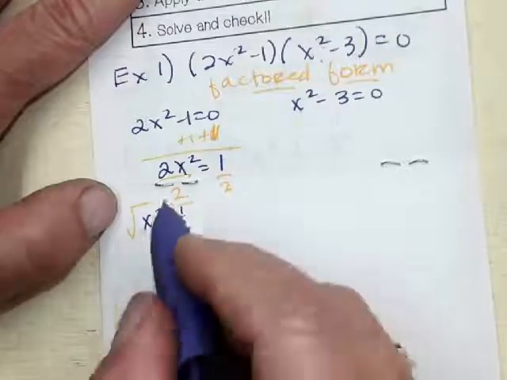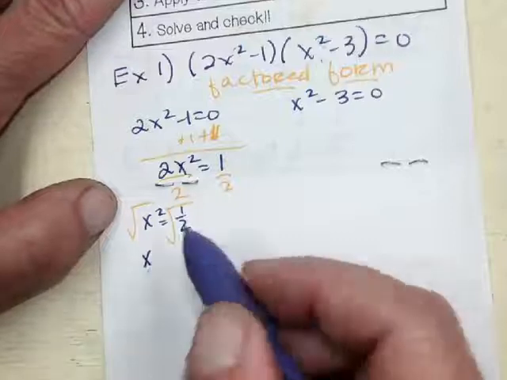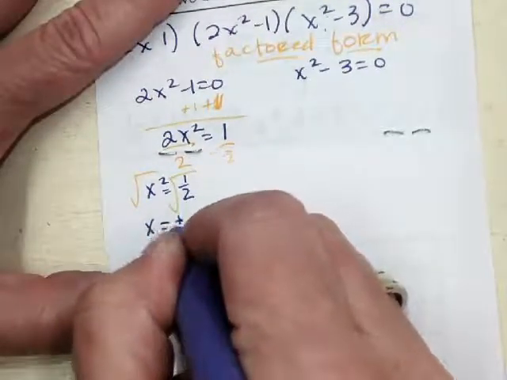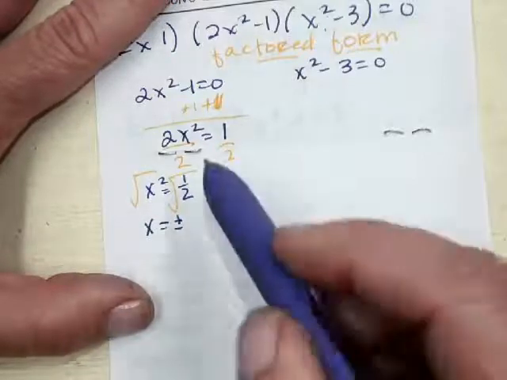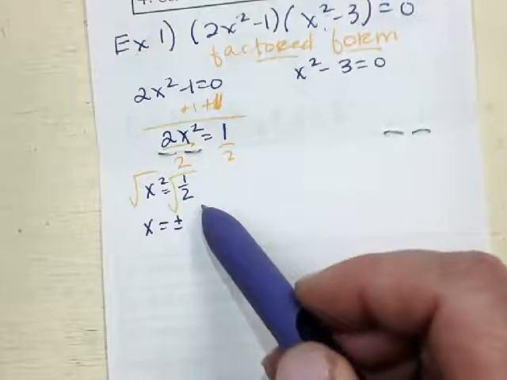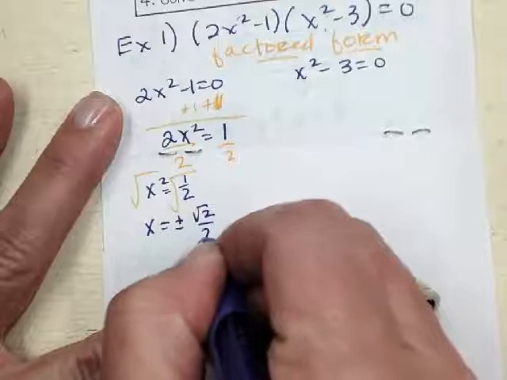And so when I take the square root of 1/2, you've got the technology to use, so use it. You do know that it's going to be plus or minus. You're going to type in the calculator the square root of 1 over the square root of 2, which is going to give you the square root of 2 over 2.